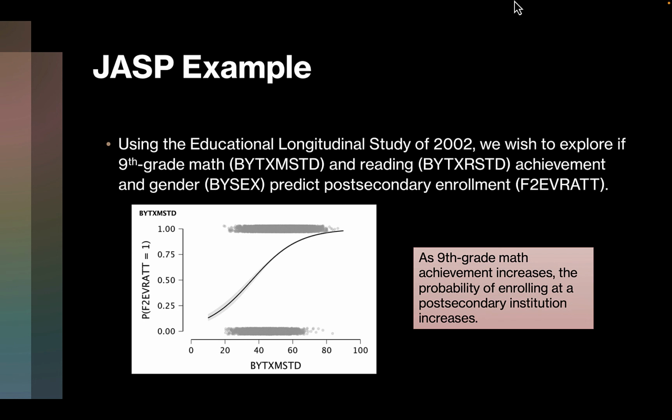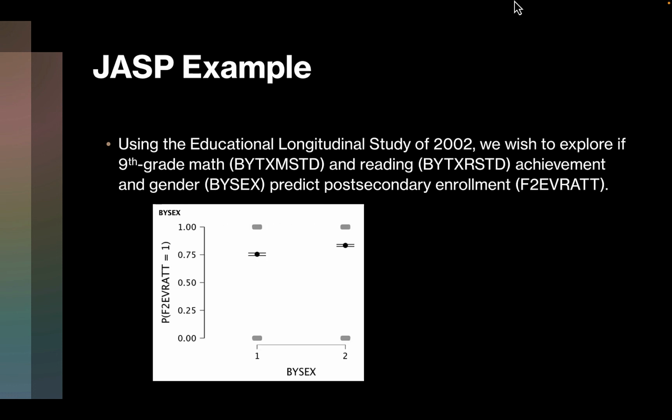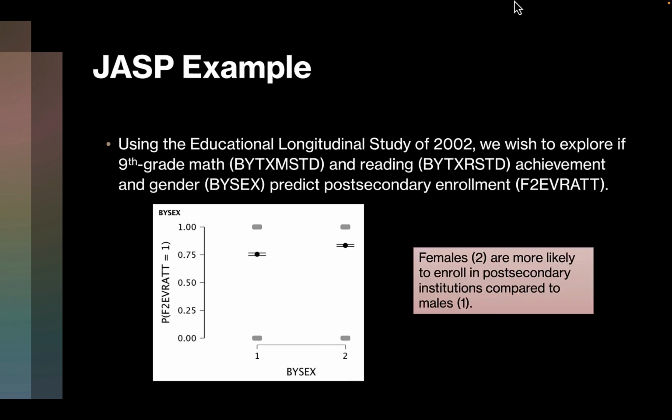And so as ninth grade math achievement increases, the probability of enrolling in a post-secondary institution increases. And then lastly, we can look at our sex variable here, where again, 1 is male and 2 is female. And we can see that females are more likely to enroll in post-secondary institutions compared to males.